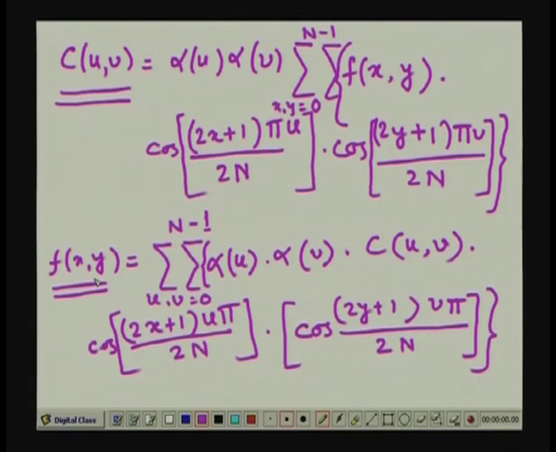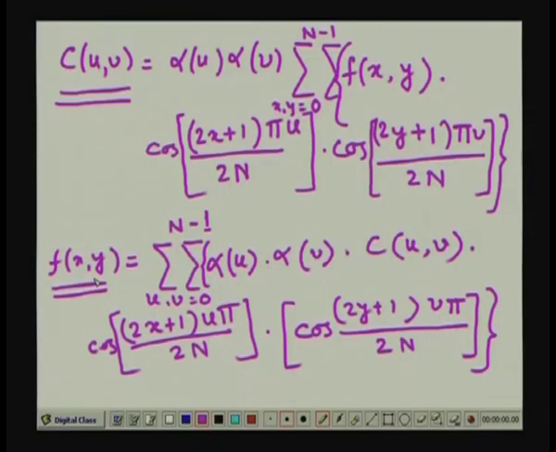Now, you find that there is one difference. In case of forward discrete cosine transformation, the terms alpha(u) and alpha(v) were kept outside the double summation, whereas in case of inverse discrete cosine transformation, the terms alpha(u) and alpha(v) are kept inside the double summation.